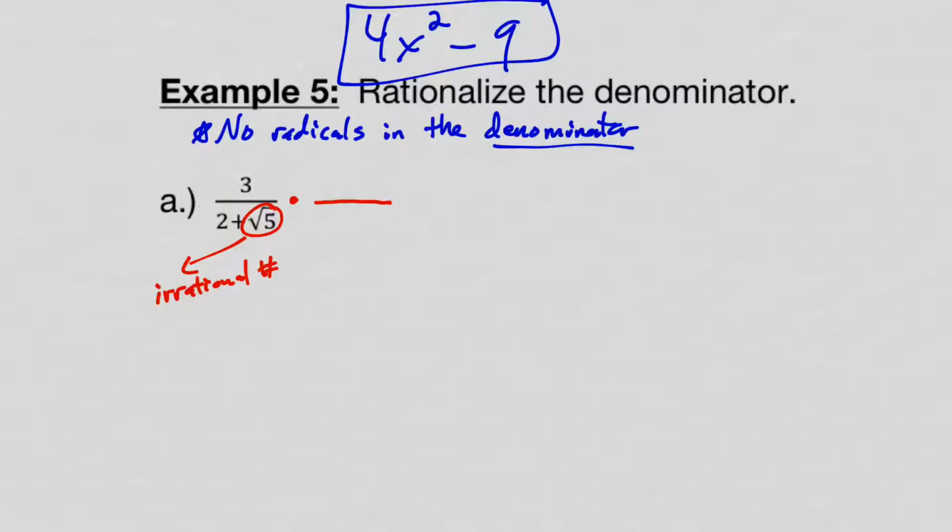So we're allowed to multiply by 1 because ones do not change anything. But we're going to multiply by the conjugate. So there's my 1. Okay, anything divided by itself is 1. Okay, so this is our strategy here.